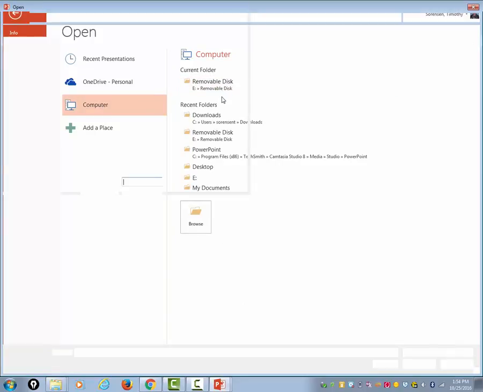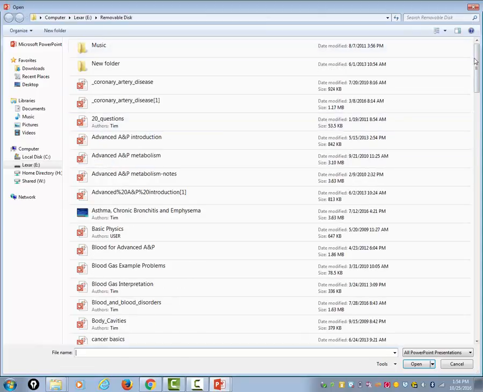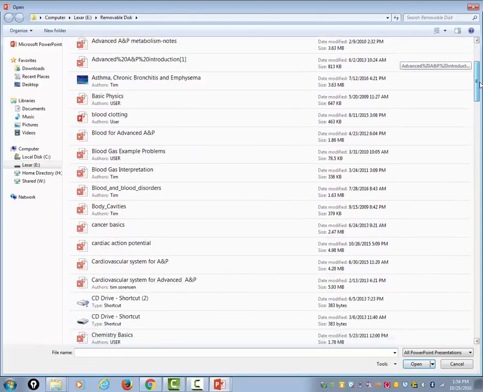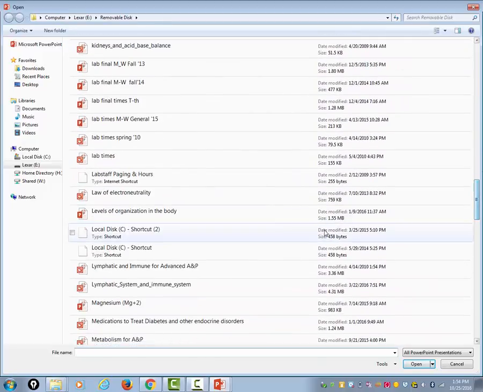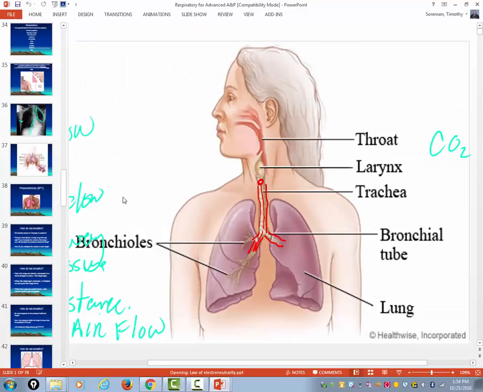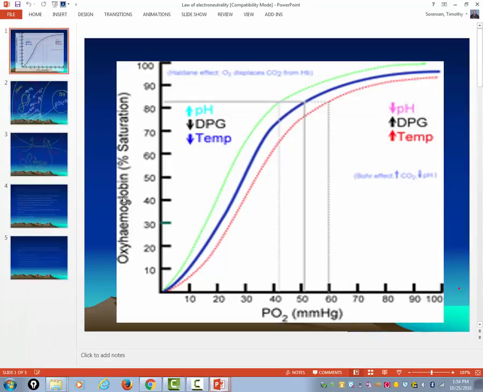And if you know what the conditions are at the lung, then you know why oxygen will bind there. So understanding those conditions is what's going to allow you to understand the oxyhemoglobin dissociation curve. That, ladies and gentlemen, is the oxyhemoglobin dissociation curve.